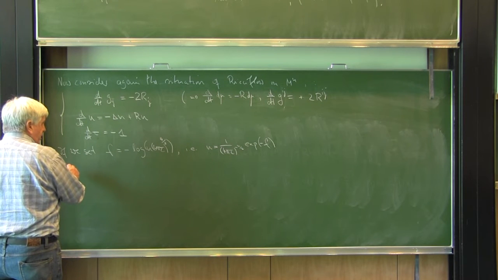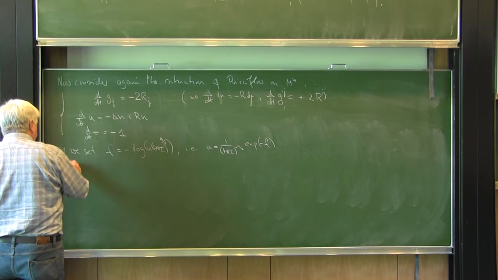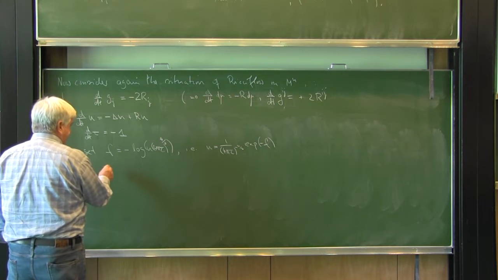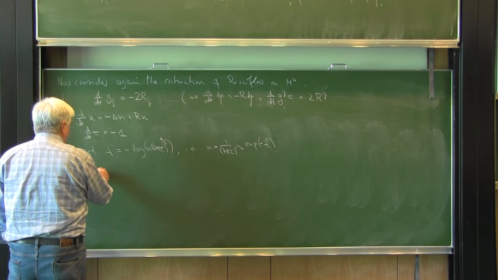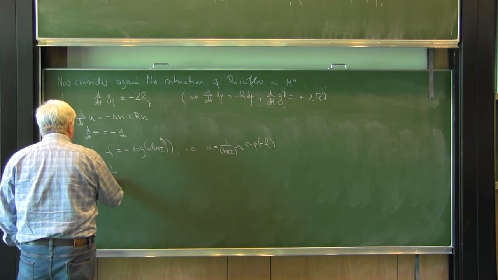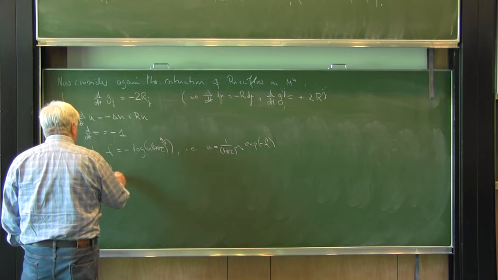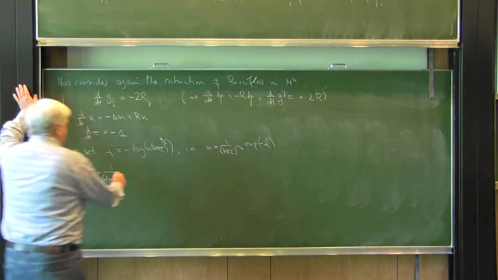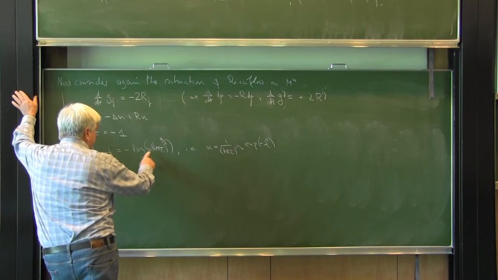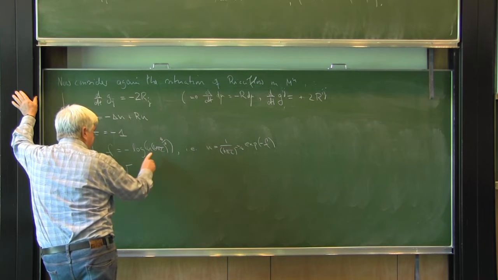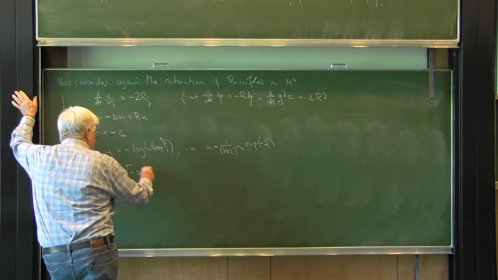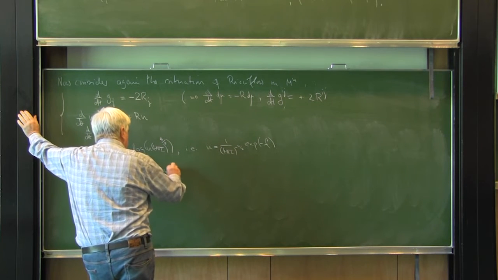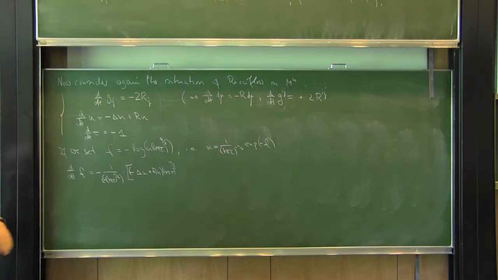So let's compute ddt f. You get minus 1 over u 4 pi tau to the n over 2 times ddt of this. So this gives us ddt of u is minus Laplacian u plus r u times 4 pi tau to the n over 2.